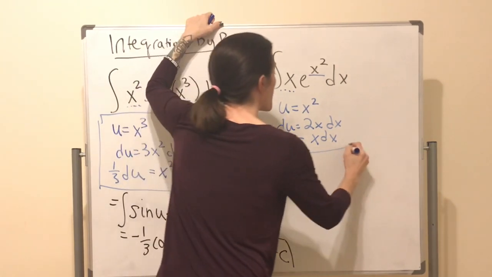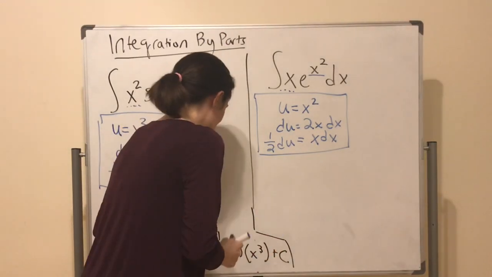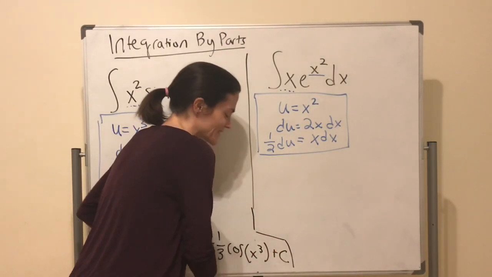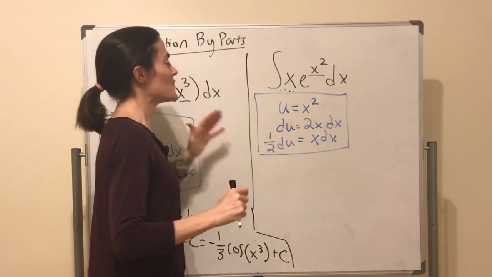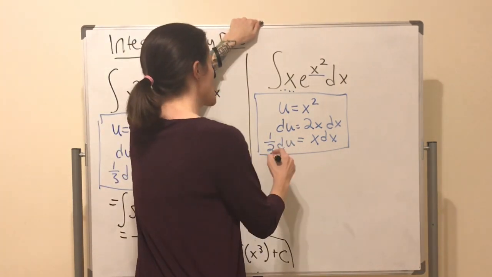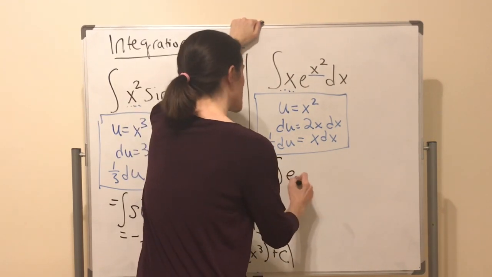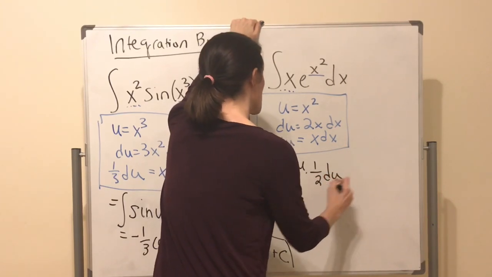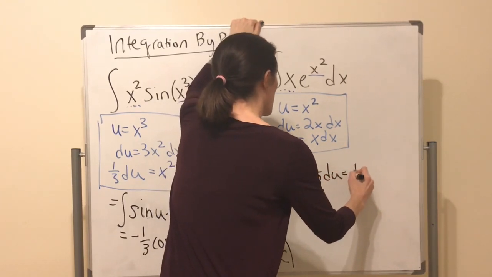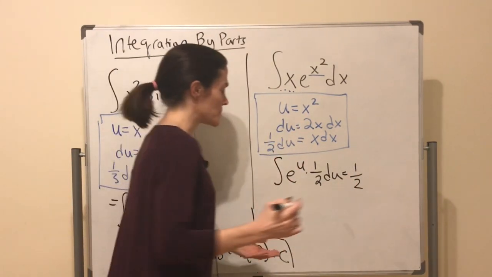Okay, now, I will say this is part of showing your work, which is quite important, whether it's on a quiz or exam or anything like this. Writing u, du, the steps. Okay, so now we have an integral. We have e to the u times 1/2 du, which is, well, when you integrate e to the u, it's just e to the u plus c.